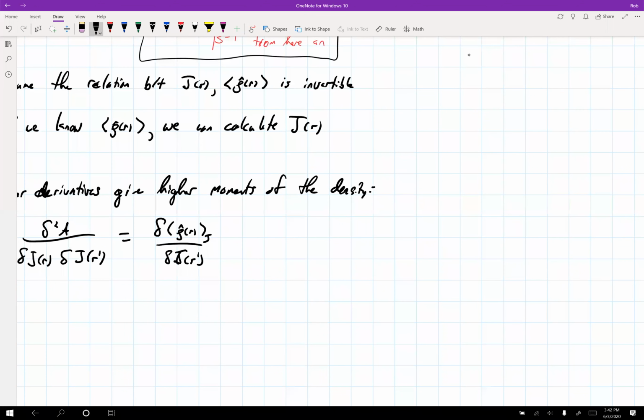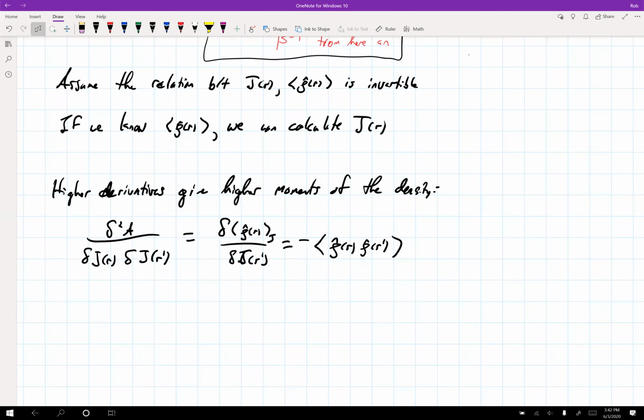And what this gives us is something like the 2-point correlation function. So it's the 2-point density distribution function, and this is, of course, going to be related to the static structure factor of the system. That's the key relationship that we're going to be building out.